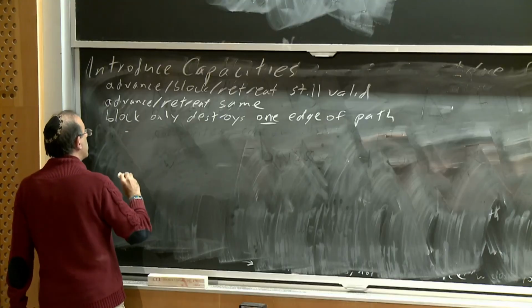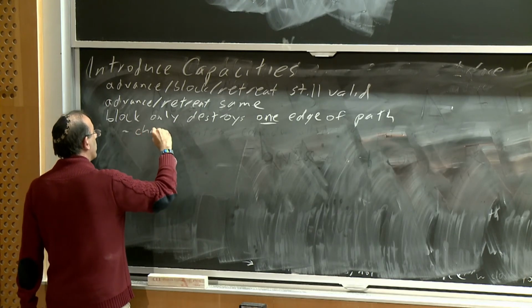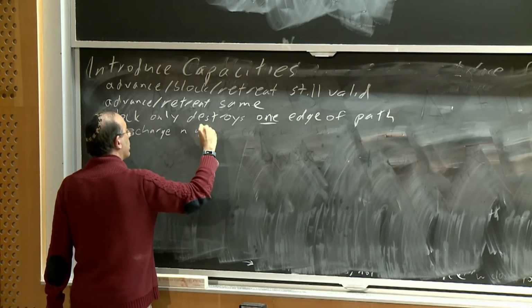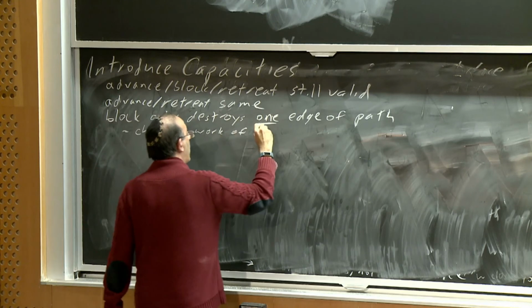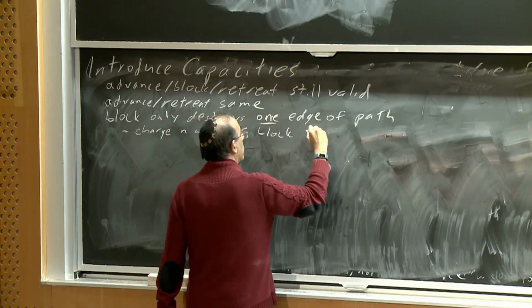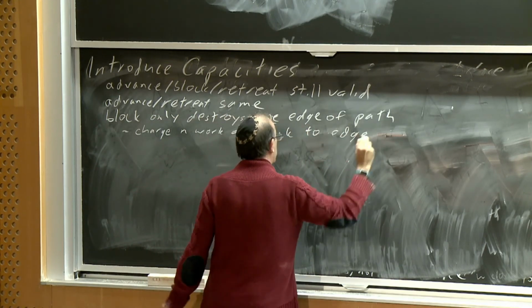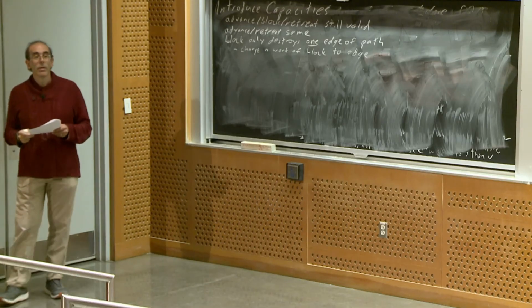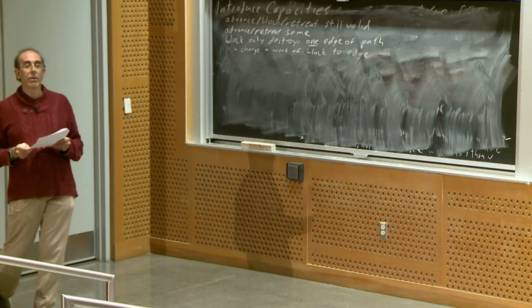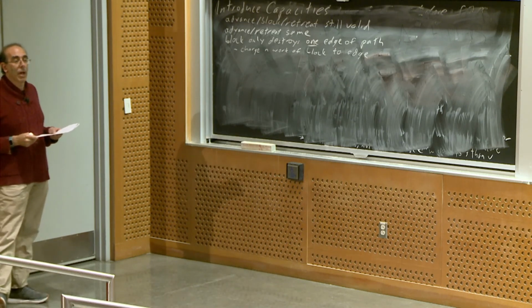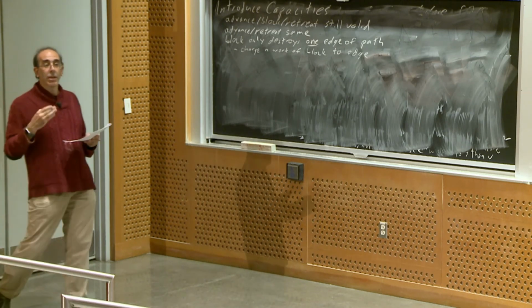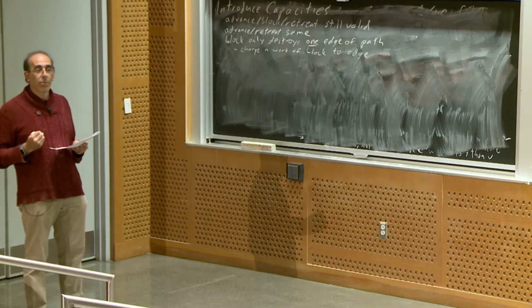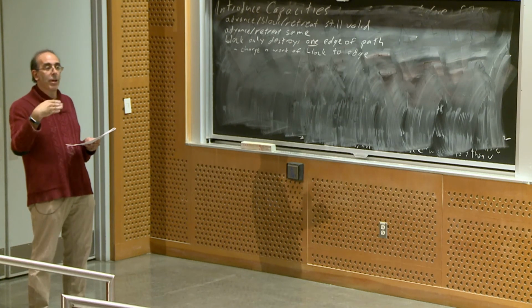Now, we can still use that, right? We can just charge the n work of that block to that edge. Right? When we do the block. And notice, each edge is only blocked once because you don't ever augment through the reverse edge.